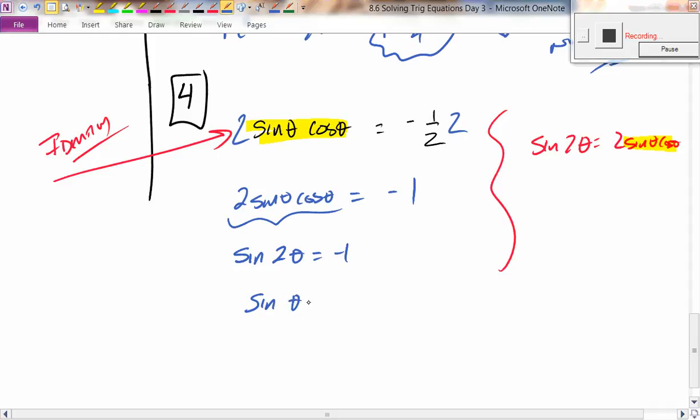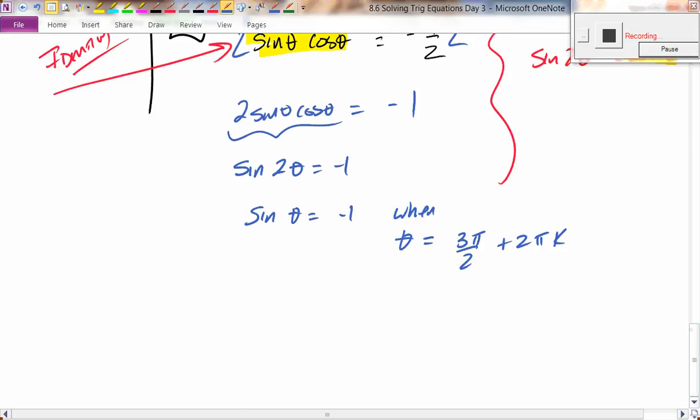Well, we know sine of theta is equal to negative 1 when theta is equal to what value? What angle? 3 pi over 2. There you go. 3 pi over 2 plus 2 pi k.